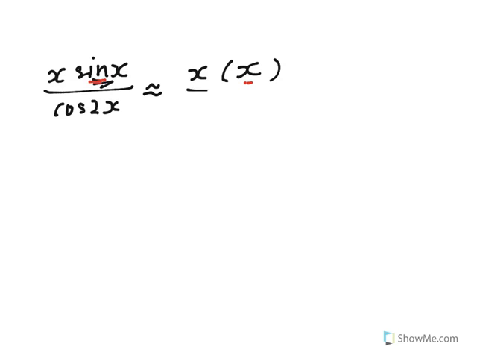Now what is cos 2x? Remember what I wrote just now: this is approximately 1 minus 2x squared over 2.